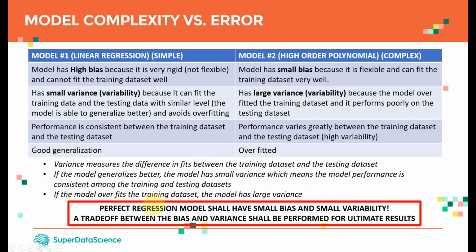If the model generalizes better, it has small variance, which means the performance is consistent between training and testing. If the model overfits the training data, it has large variance. Our optimal scenario, the perfect regression model, should have small bias and small variance, and the trade-off between bias and variance should be performed for ultimate results.